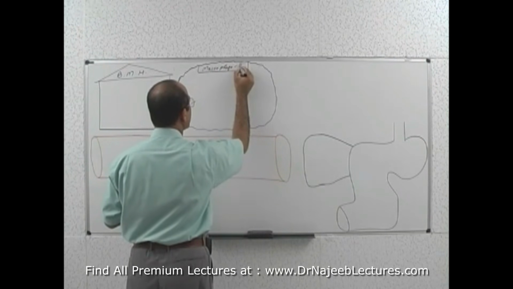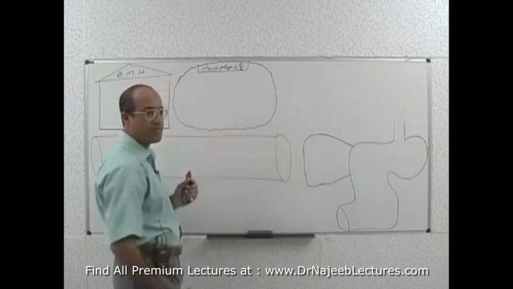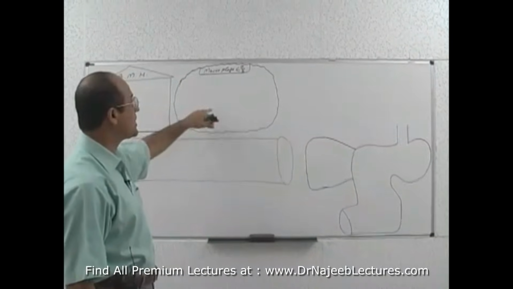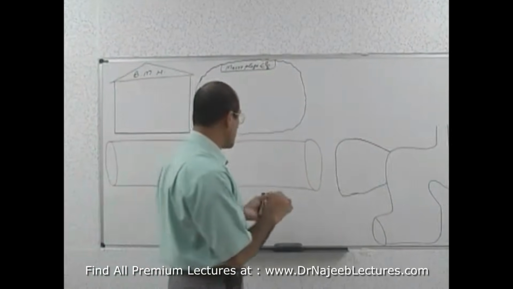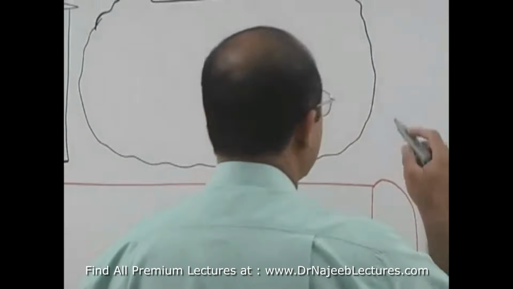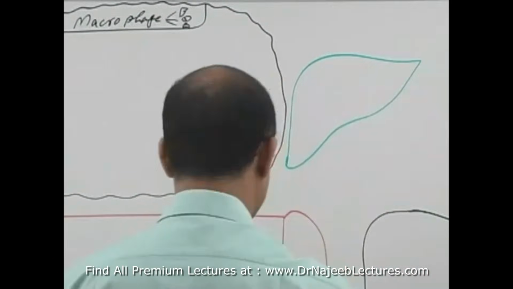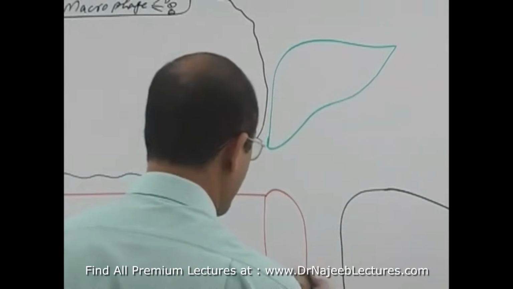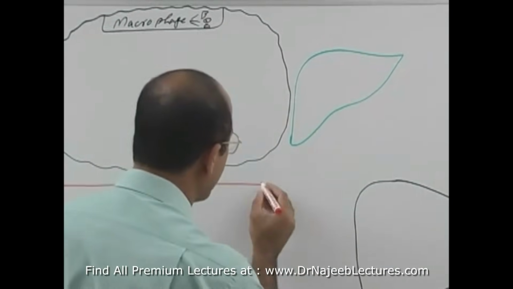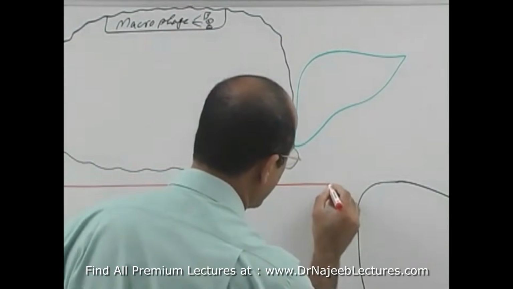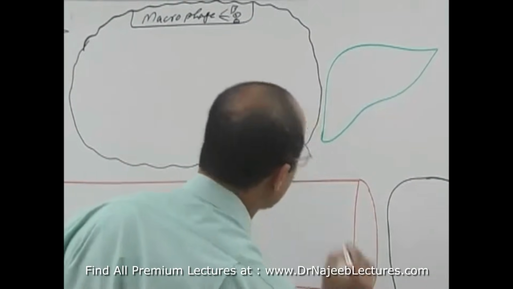It may be in the liver, spleen, or bone marrow. I will show you in the diagram the storage form of iron. And of course, the liver also plays a role in iron metabolism, because some of the iron is normally stored in hepatocytes also, right?